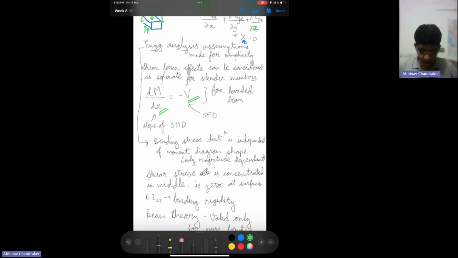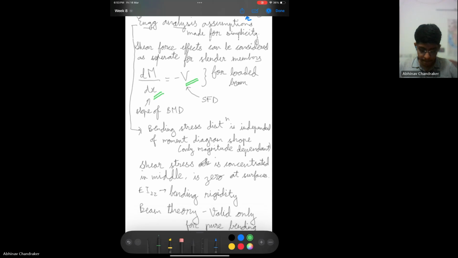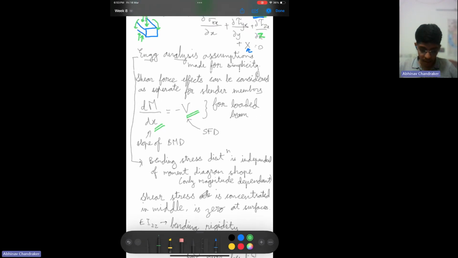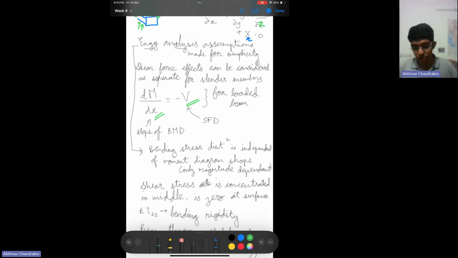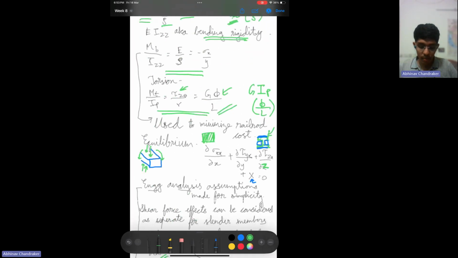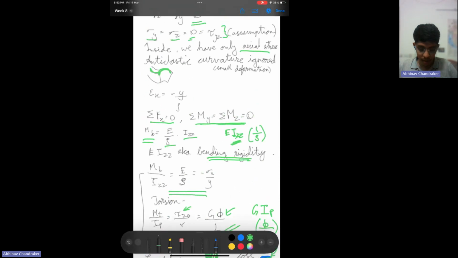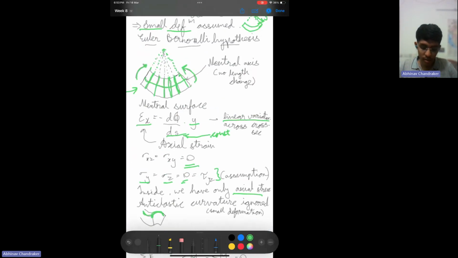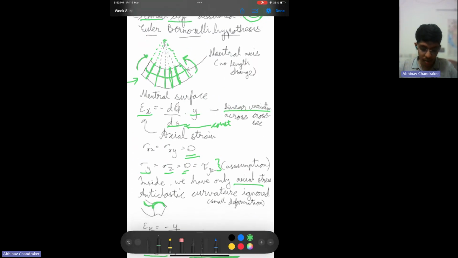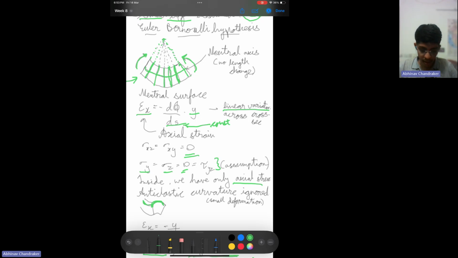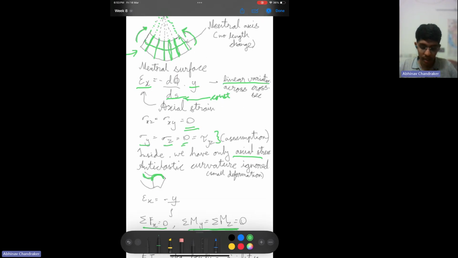Also, we have this assumption. Here we had pure bending, right? So there was a particular bending moment that had been applied. But if you have a kind of load where the beam is experiencing different values of bending moments at different points, then it might be possible that the Euler-Bernoulli hypothesis might not hold. That is, the axial strain distribution with y might not be linear.